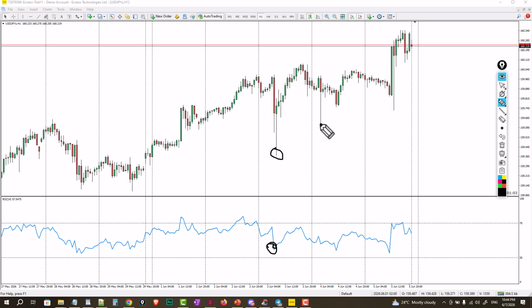But then this low is higher than this previous low. But look at what we have on the oscillator. On the oscillator, this low is actually lower than the reading on this low. So when you connect these lines, you see it slanting to the downside. And when you connect these two on the price chart, you see it slanting to the upside. This is what is known as hidden divergence.